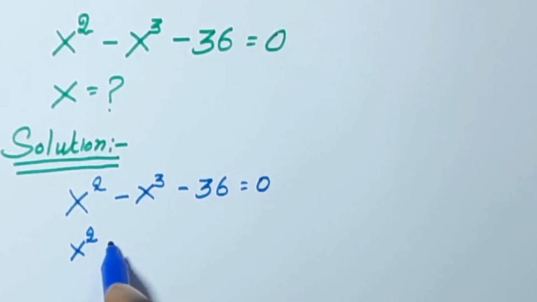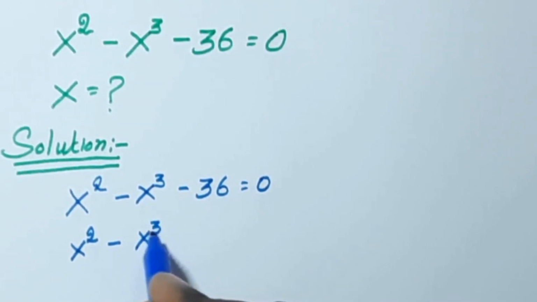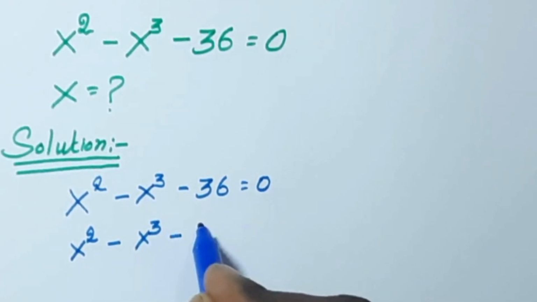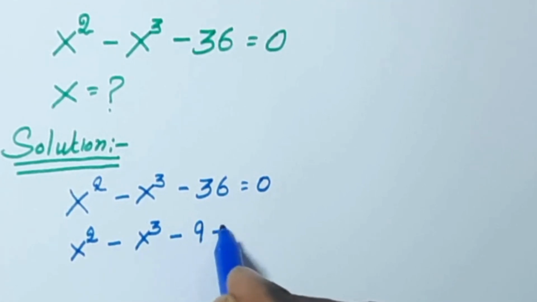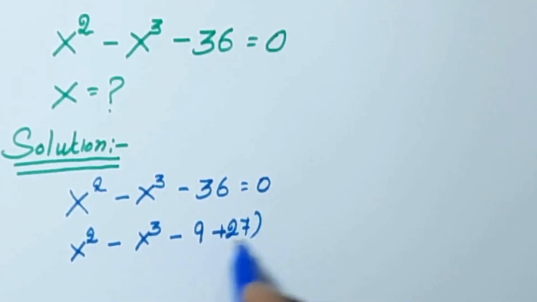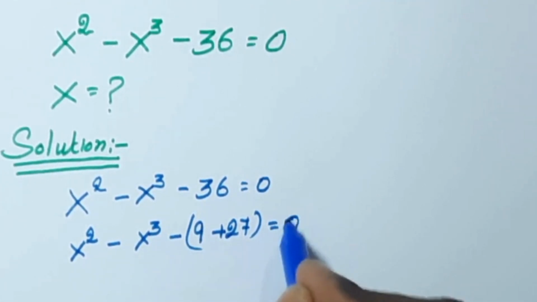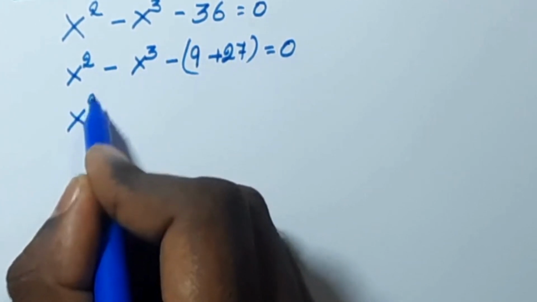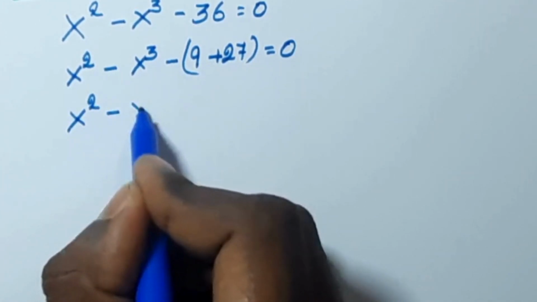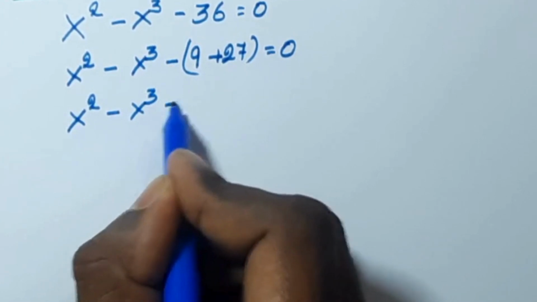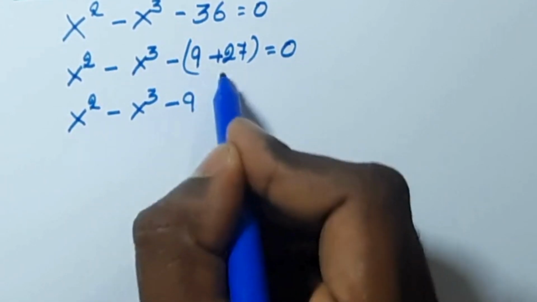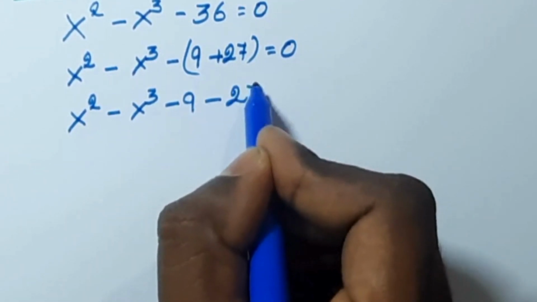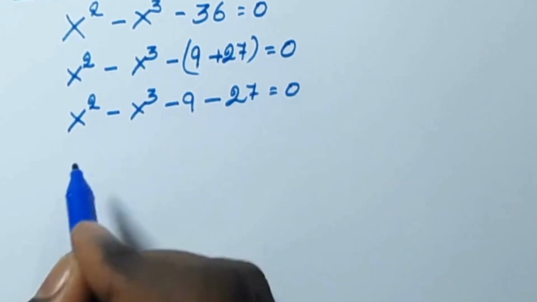x power 2 minus x power 3 minus 9 plus 27 equal to 0. Now x power 2 minus x power 3 minus 9 minus 27 equal to 0.